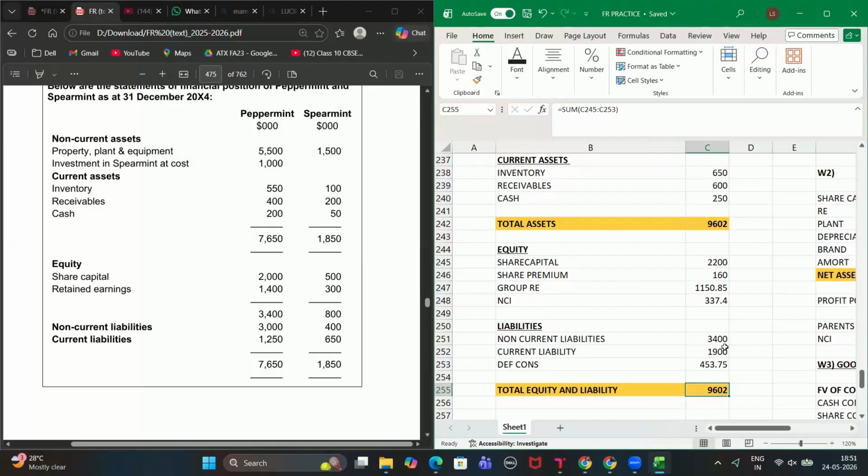Are you guys confident with this? See, PURP I will take it tomorrow. Don't worry, it's a small thing. We'll have to eliminate the inter-transactions profit. That's it.